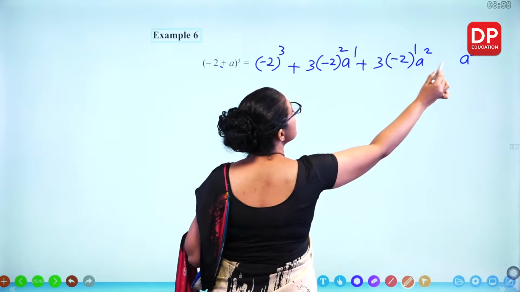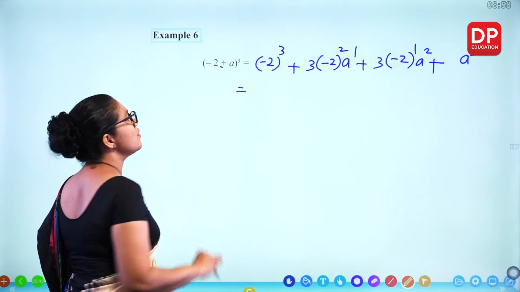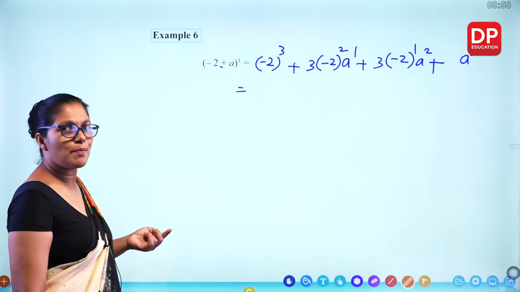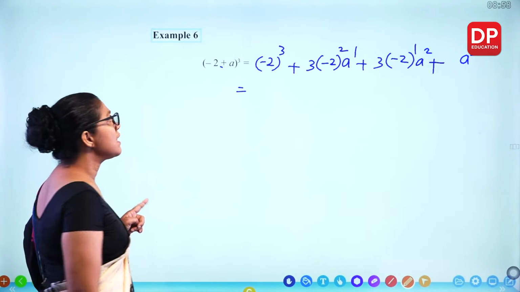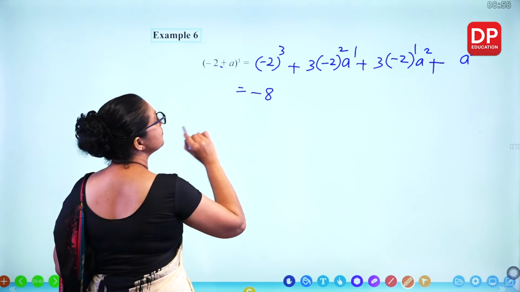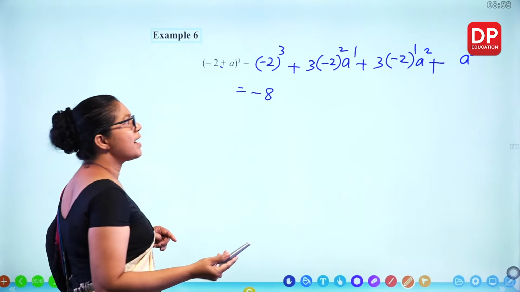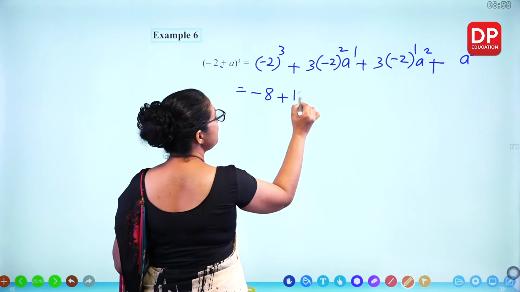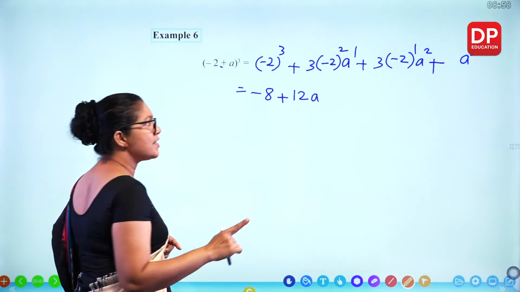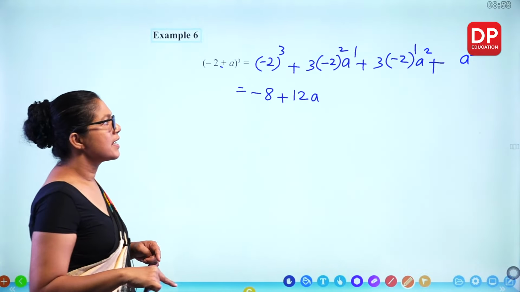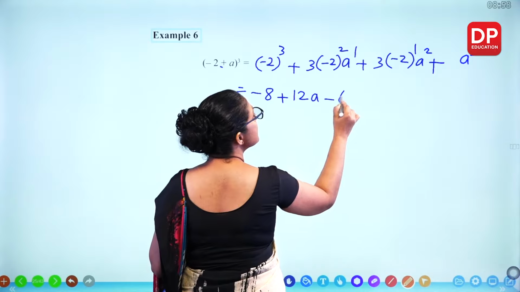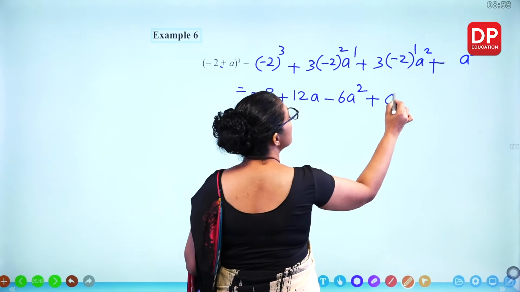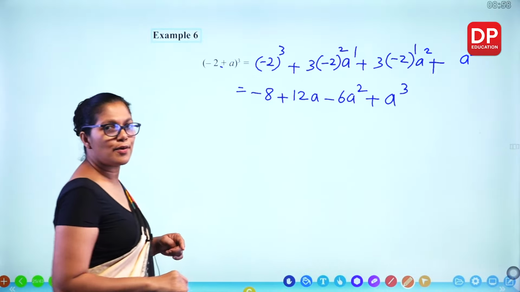You put pluses here. So when you expand, what do you get? Minus 2 times minus 2 times minus 2. You will end up with minus 8. Here minus 2 times minus 2, 4. 4 times 3, 12. This one minus 2 times plus 3. You get minus 6a squared, and the last term a cube.